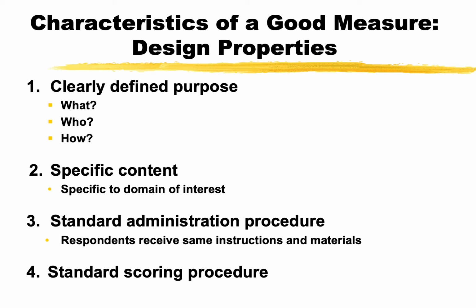The second property has to do with the specificity and standardization of the content of the test. The content has to be specific to the domain the test is designed to cover. And also the content needs to be standardized, meaning that all test takers are tested on the same attributes or knowledge. This may seem obvious, but there are some situations in which examinees may answer different but comparable questions.